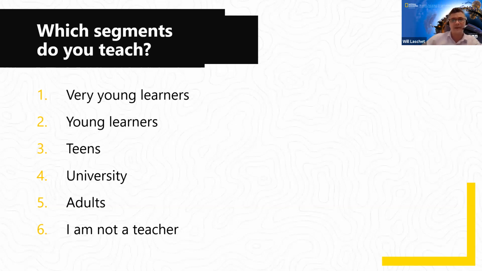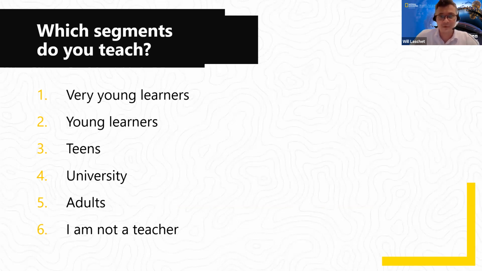So these are really the areas where the Life program we're looking at today would be most relevant, especially that university and adult segment, although the teens and upper secondary would also be suitable. 12% of you today are not teachers. That's fine, maybe you're students or administrators in your company.